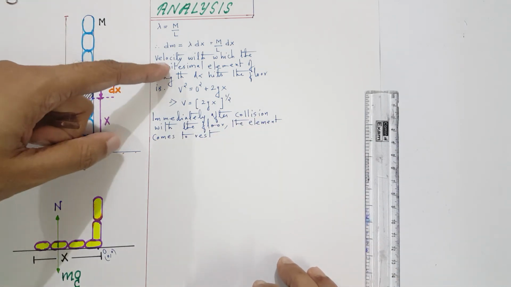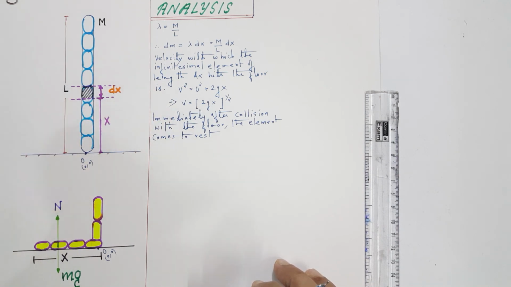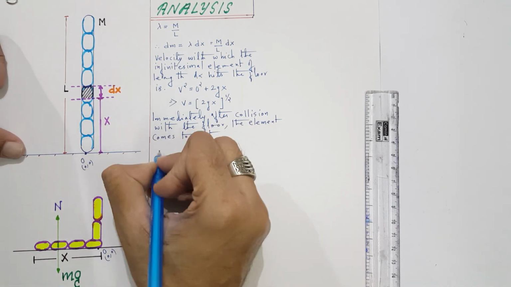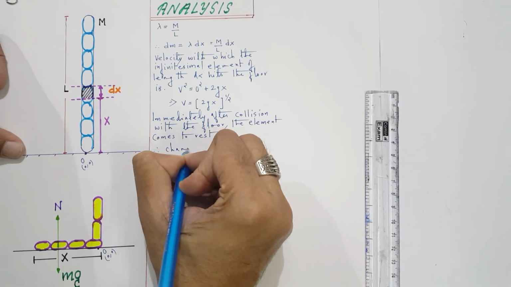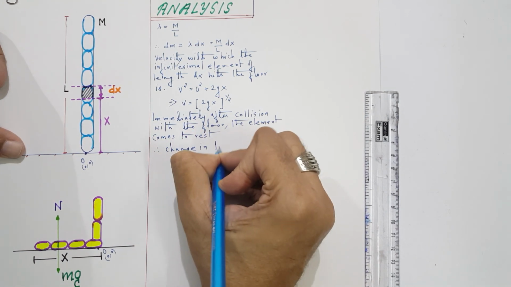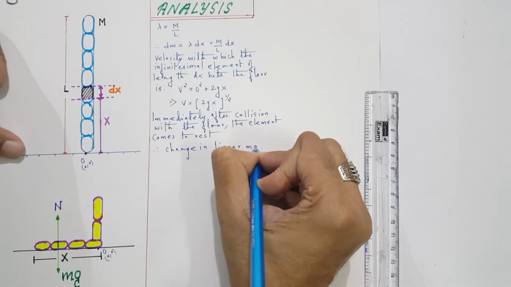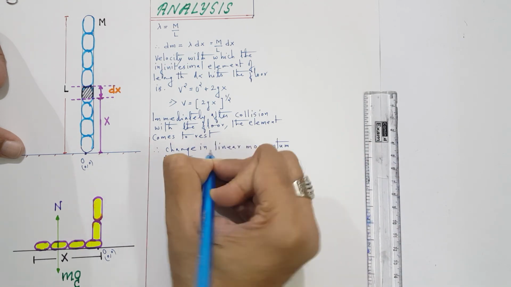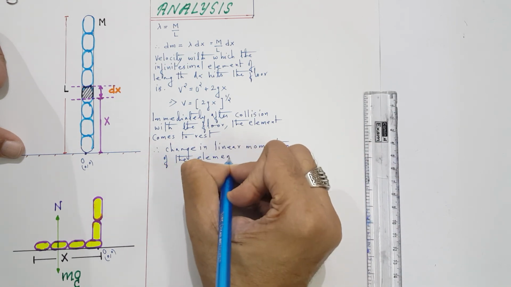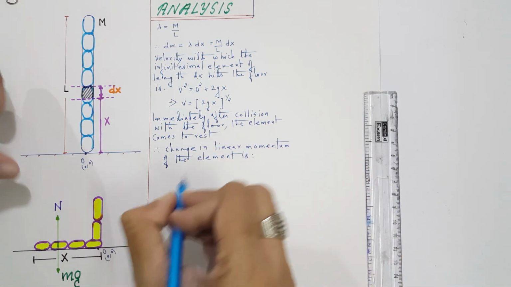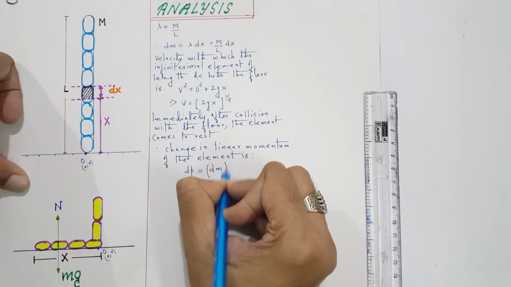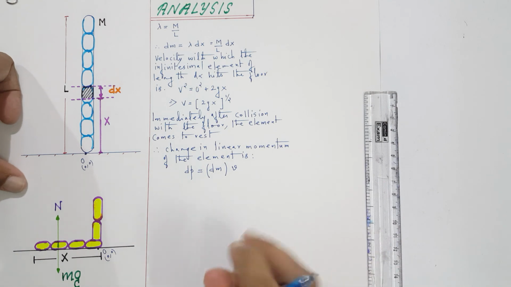So this is the velocity just before collision, and the velocity right after collision with the floor is 0. Therefore, the change in linear momentum of the element is, we can write, dp equals its mass dm multiplied by its velocity v.